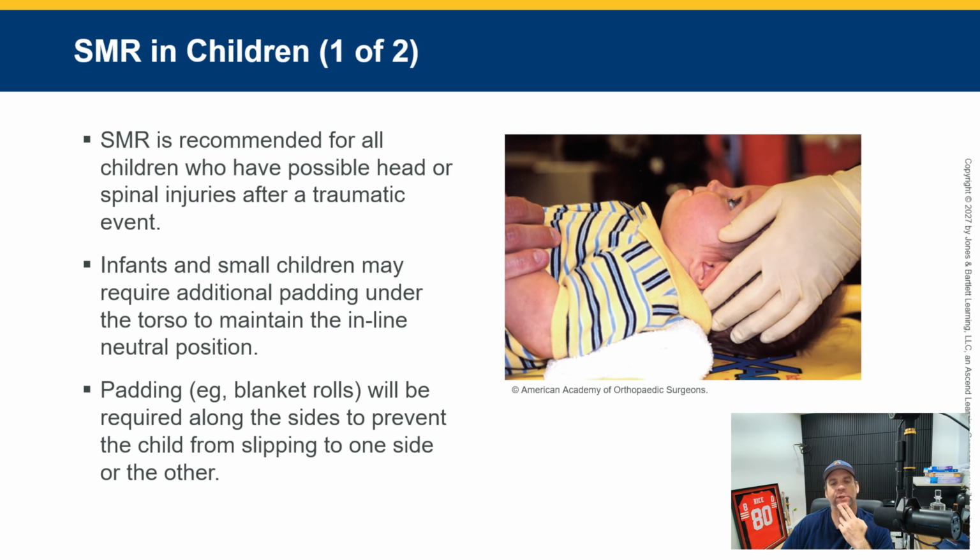Now, pediatric spinal motion restriction just requires more attention to body proportions, right? Infants and small children have proportionately larger heads. They have a very prominent occiput on the back of the skull. So when a young child lies flat on an adult-sized surface, the head is going to be pushed forward, flexing the neck, and it could potentially narrow the airway.